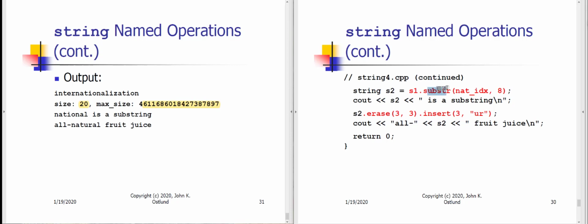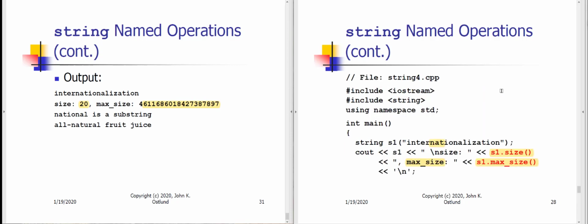We're going to get a substring from S1 starting at nat_idx and going for 8 characters. Now let's take a look. Here is where we found nat. Okay, so starting there, we're going to get 8 characters, which is going to be these 8 characters, national.